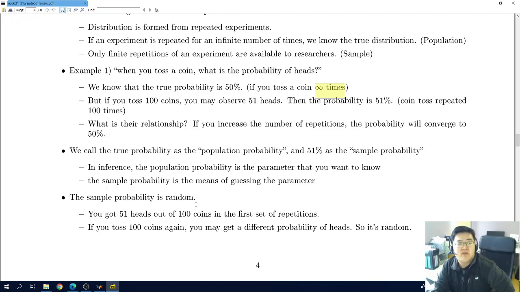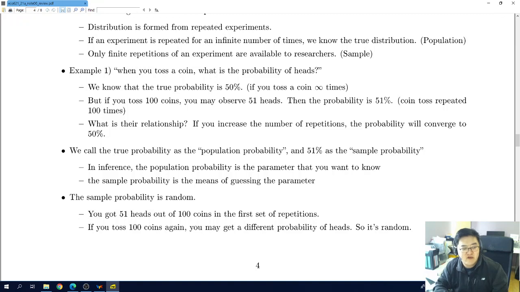And what makes it more complicated is that the sample probability is random. Think about coin toss, 51%. Its sample probability is random because, think about this, when I throw 100 coins, I got 51 heads. So I got 51% from the first 100 experiments. But now suppose that you throw 100 coins again.